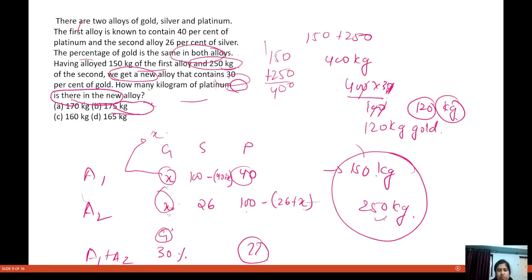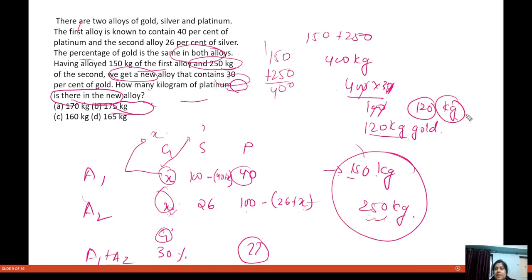Don't do that. We now came to know that 30% of 400 is 120 kg gold. Now this 120 kg gold, how did we get it? We got X percent from here out of 150 kg, and X percent of this 250 kg.